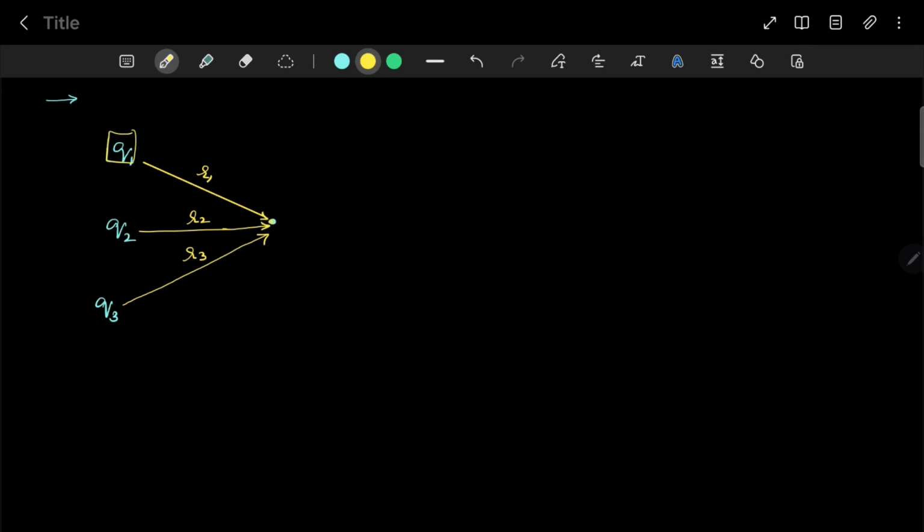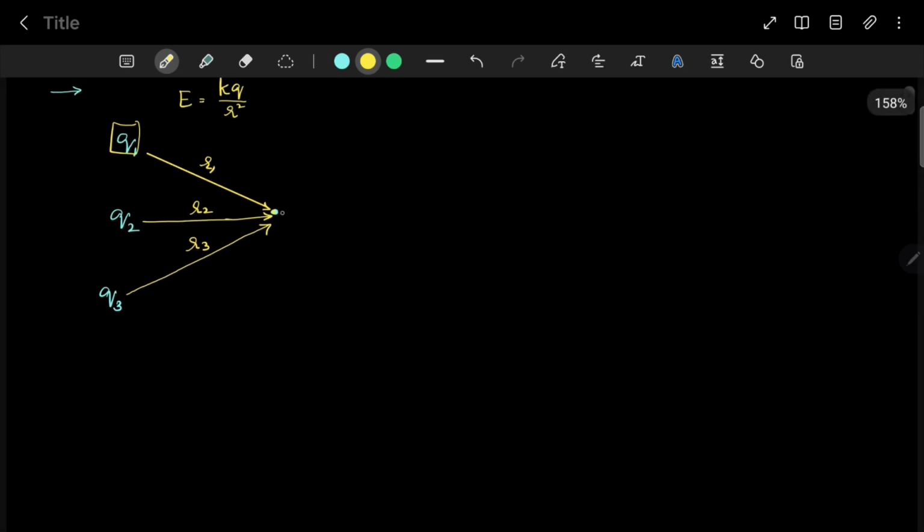We know the formula: electric field is equal to KQ by R square. By applying that, Q1 will produce electric field E1 vector there, Q2 will produce electric field E2 vector there, and Q3 will produce electric field E3 vector there.